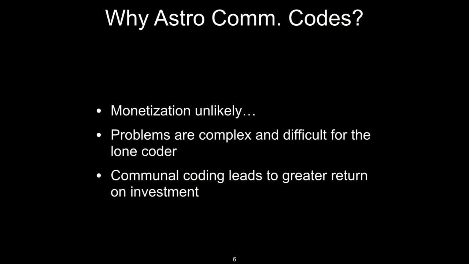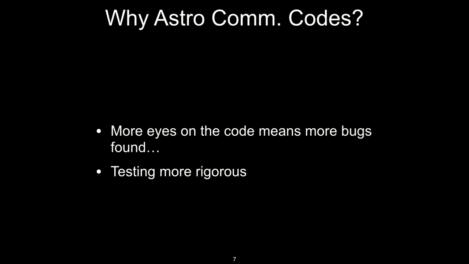And so this communal coding leads to just greater return on your investment of your time and your effort in writing this software. Other benefits include more eyes on the code mean you can find more bugs. All right? Nobody writes bug-free code, right? I hope you all believe that.